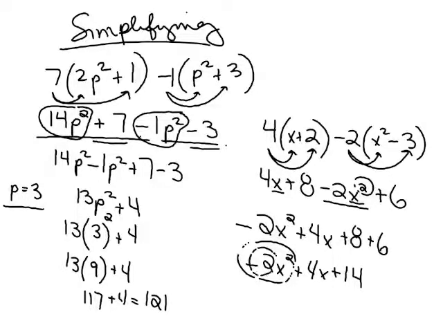And so this number is called the leading coefficient. So if I asked you what the leading coefficient of this equation was, what would you tell me? 13p squared. So the coefficient is 13. The leading term is 13p squared, but the leading coefficient is a 13.